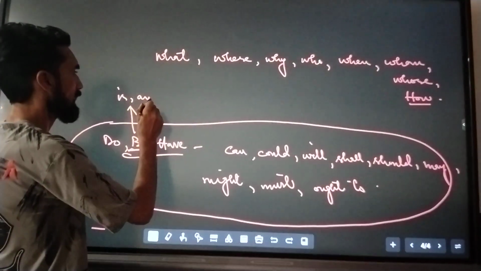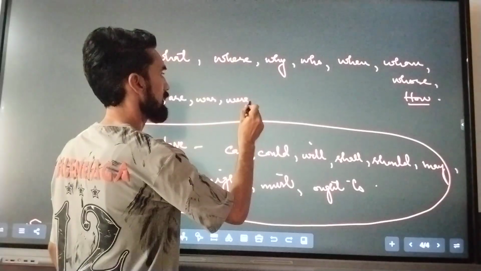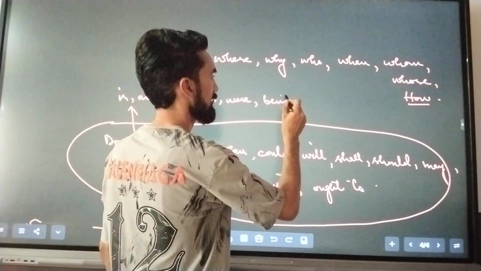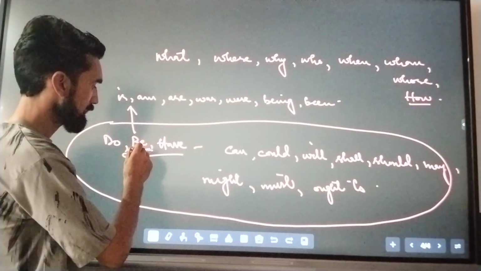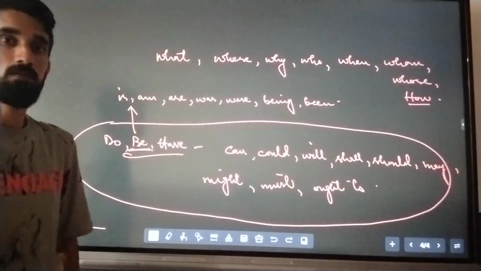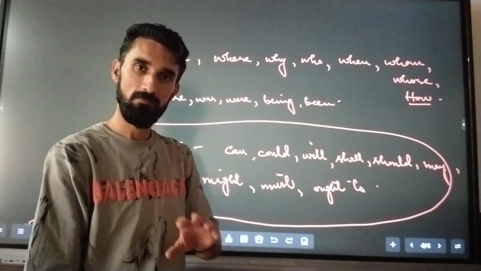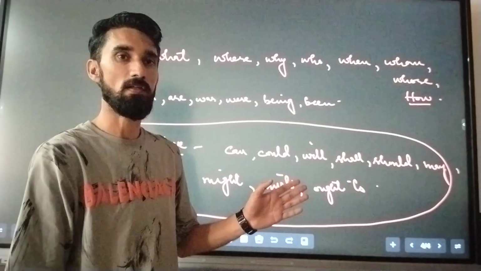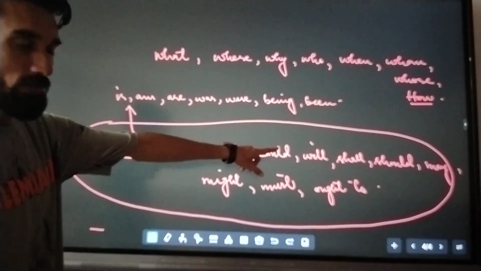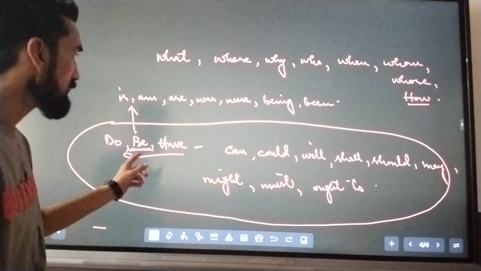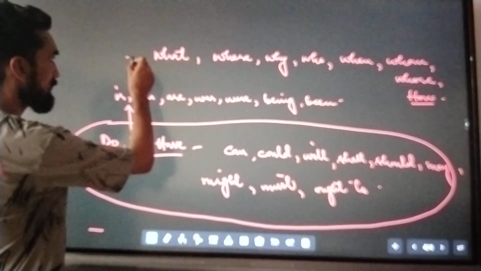And these 8 forms are is, am, are, was, were, being, and be. These are the forms of this word be. And the rest of the verbs in the English language have only 3 forms: present, past, and past participle. So these words collectively are called helping verbs. Okay, is it clear?